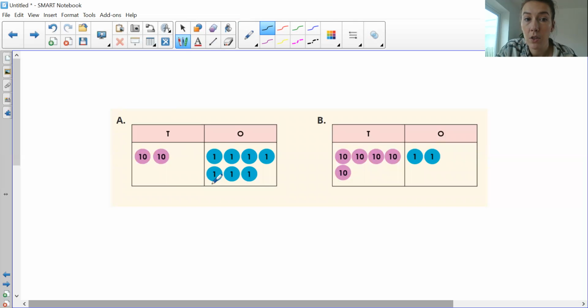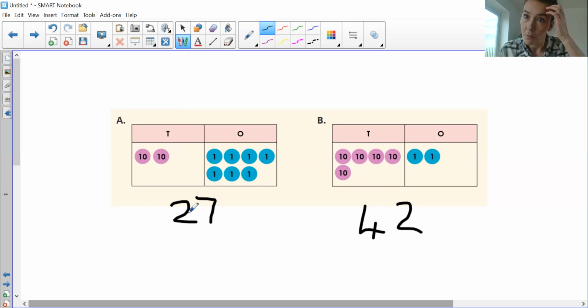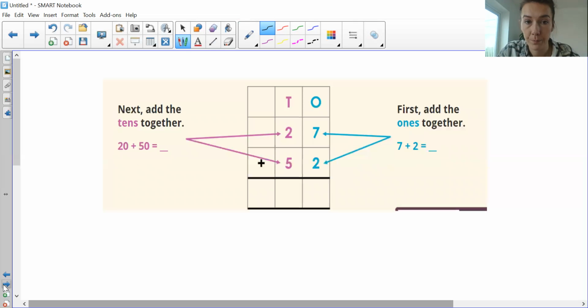Then you've got 4, 5, 6, one more is 7. So you've got 27 there. Then we've got 4 tens, we know that's 40, 2 ones, 42. And this is how quickly we should be getting it now because we've done so much work on tens and ones and you are doing such a wonderful job.